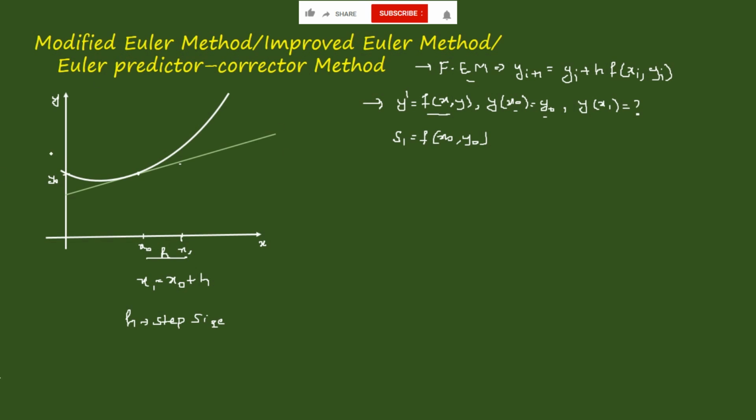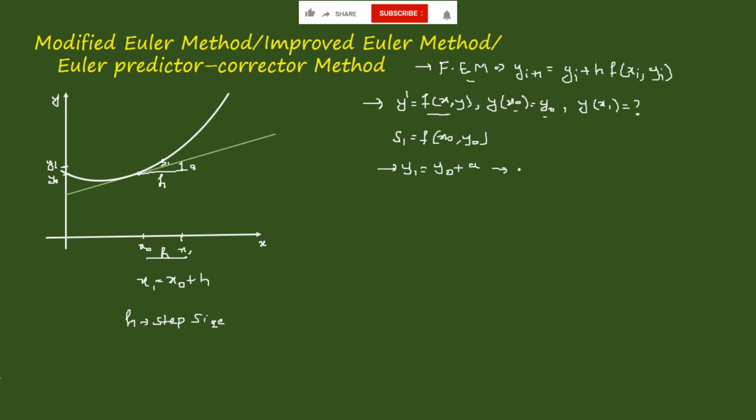Now we consider the x1 value. If we consider a triangular format, it forms this triangle. If we consider the distance from here to here as a, and this is h, this is the slope s1. Then you would get one more value here, which is y1. Now we can consider y1 is equal to y naught plus a.